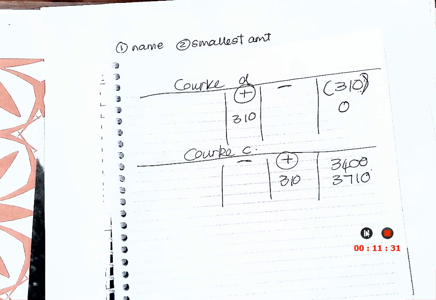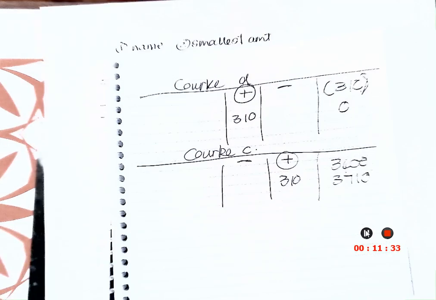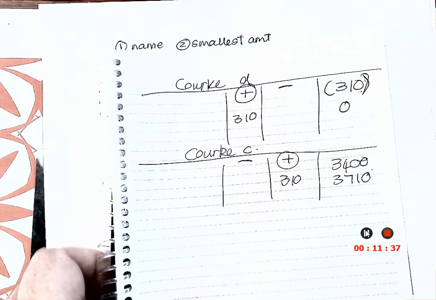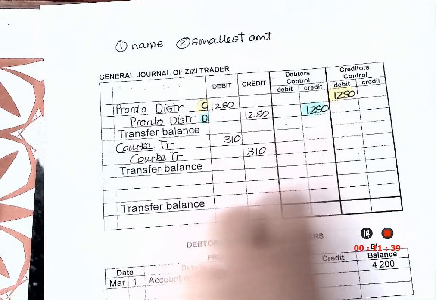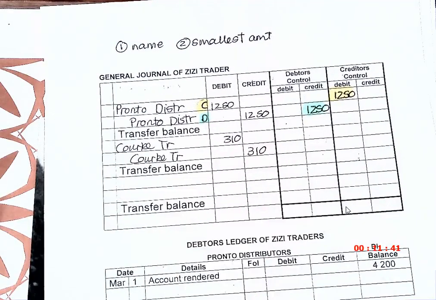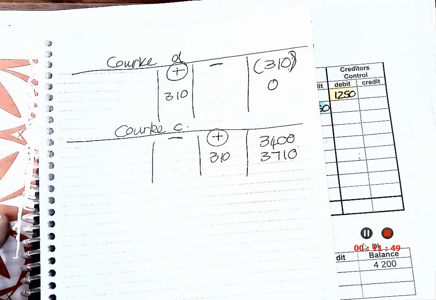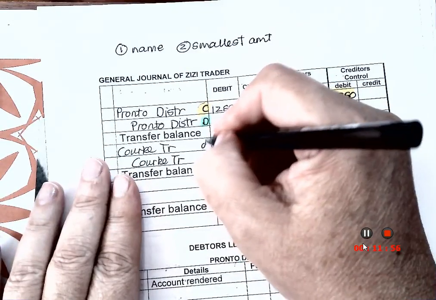Now I want you to relay this here. Let's see if you got it right. Which one, please listen, which one did I debit? The debtor. So I credit the creditor.